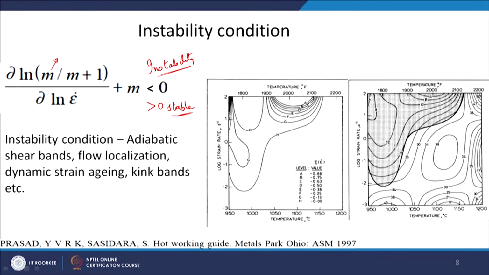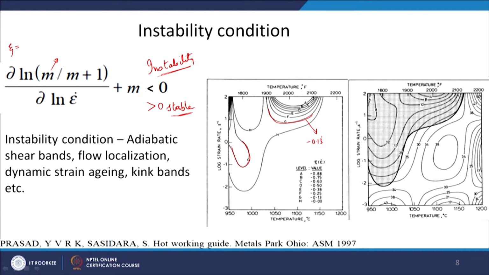If you see the zeta values, these are all negative: 0.88, 0.7, 0.63 and so on. H is 0 basically, G is minus 0.13. So, this is my G contour, and this is minus 0.13.